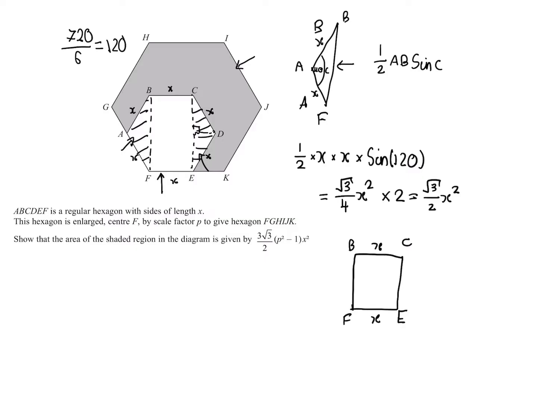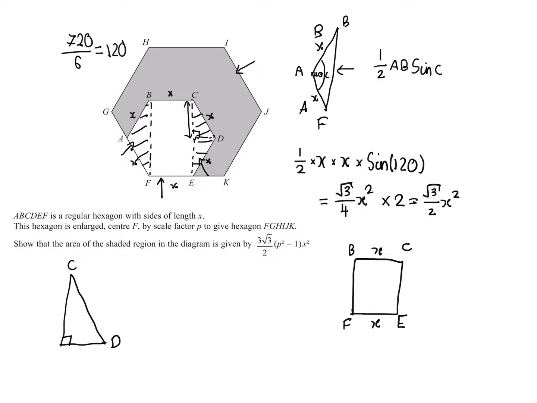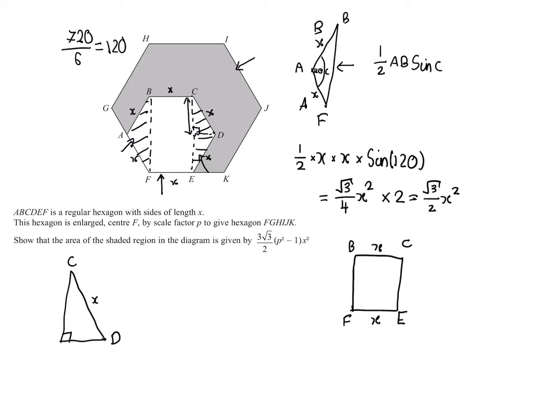Using trigonometry, we'll be able to find this length, and to find the whole height, we'll just double it. So let's draw this triangle out smaller here. CD, it has a hypotenuse of x, and again, we said the angles are going to be 120. However, we have half of the angle, so they're going to be 60.